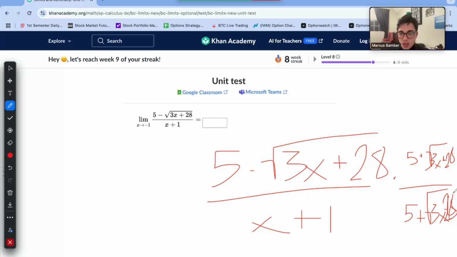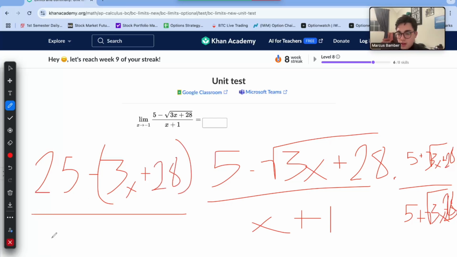Plus 28. Okay, now we're going to multiply. We get 25 minus 3. Well, very important to keep this in parentheses. 3x plus 28. And then our denominator is simply going to be x plus 1 times our conjugate that we multiplied, 5 plus square root of 3x plus 28.